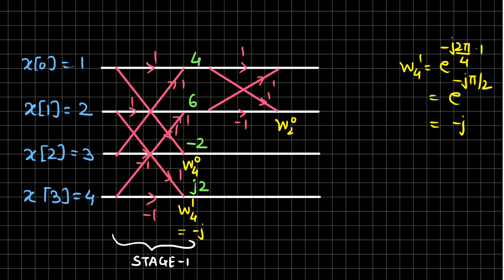So the value that we obtain here would be given as 4 plus 6, that comes out to be 10. Similarly, the value here can be given as 4 minus 6 into W2 to the power 0. So this has the value as 1. So it is 4 minus 6, that comes out to be minus 2.